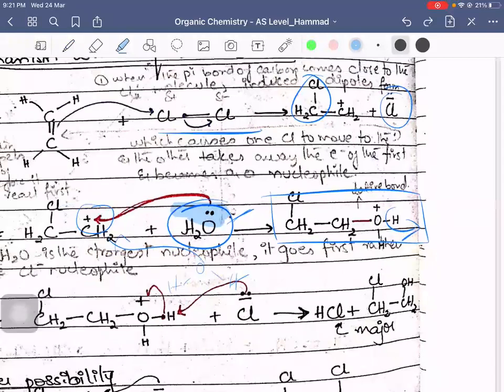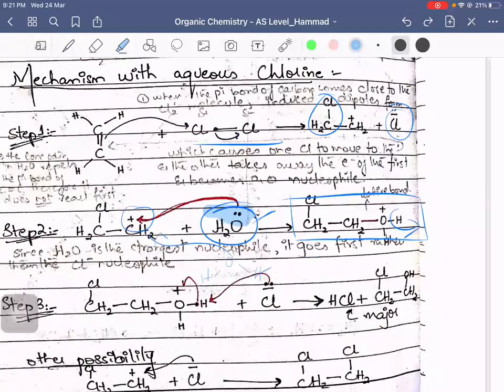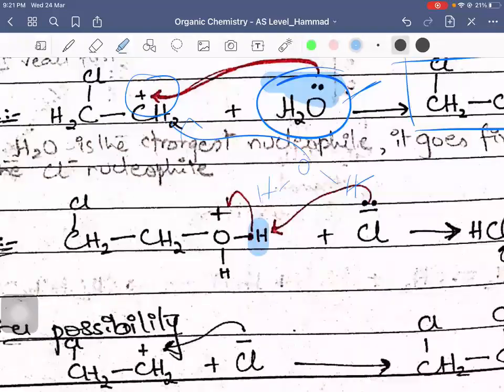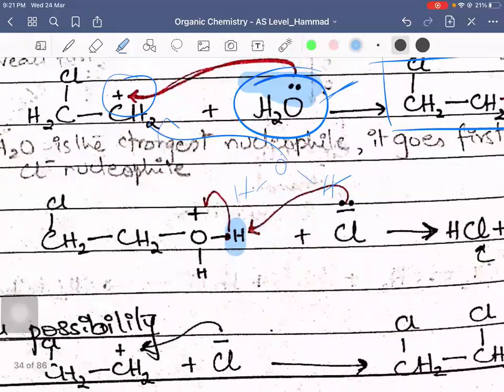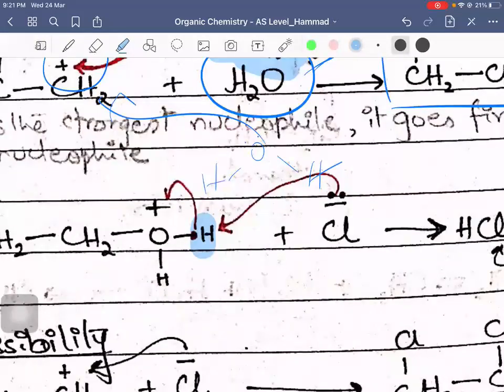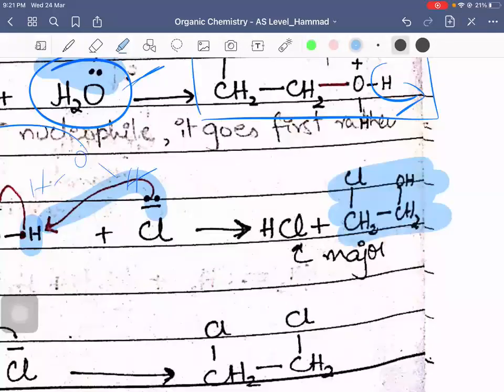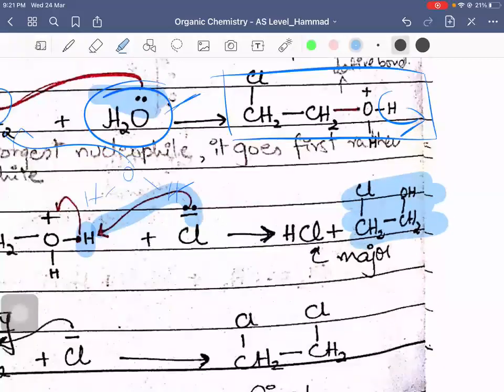So it will take off this bond, or it will take off this electron, thereby making hydrogen a positive nucleus, which gets attacked by the chlorine, and therefore we have chloroethanol, plus HCl.